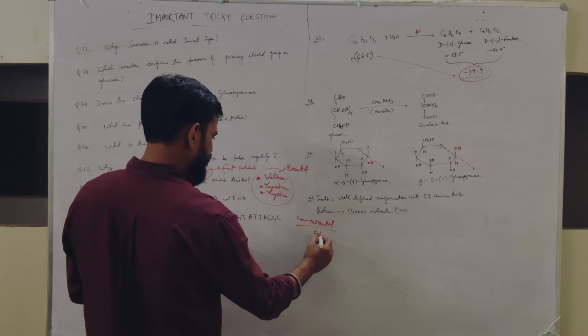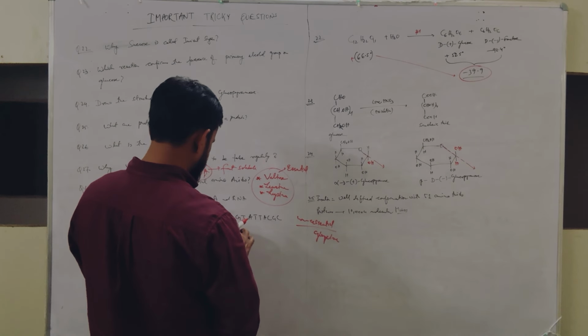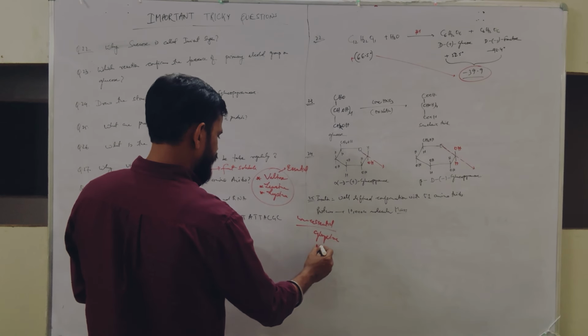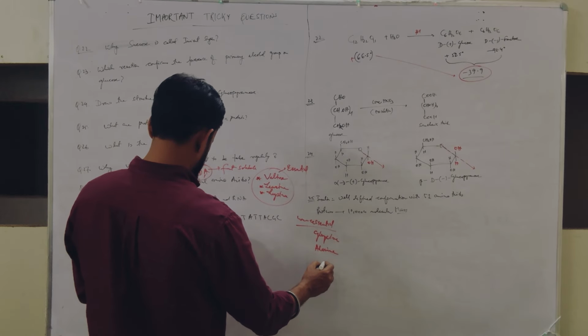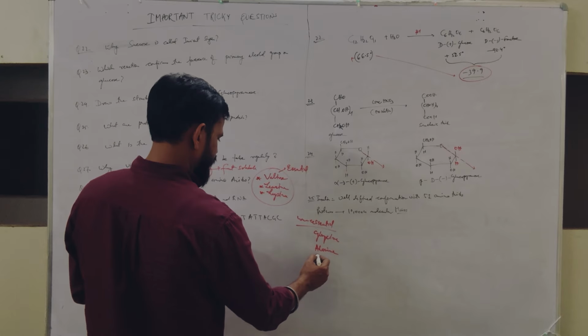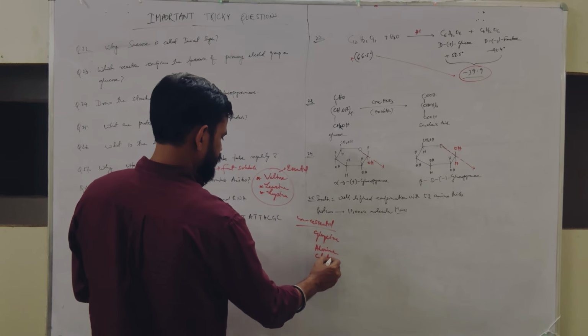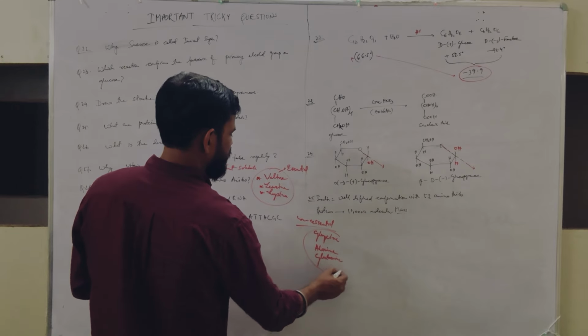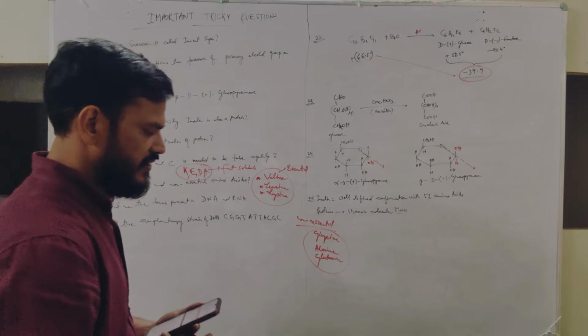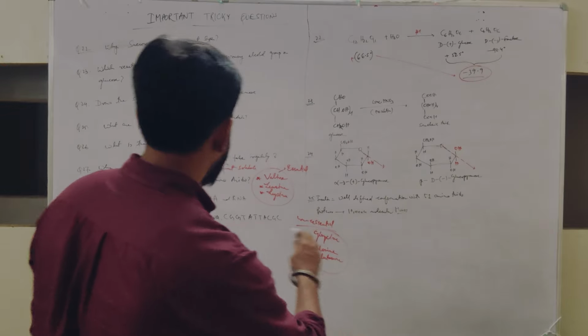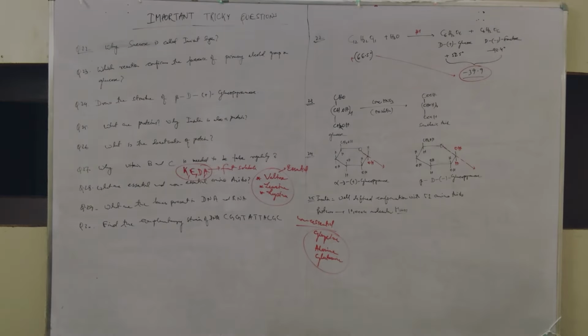So it is glycine, alanine, and maybe glutamine. So it is useful to keep at least 3 examples each of essential and non-essential in mind.